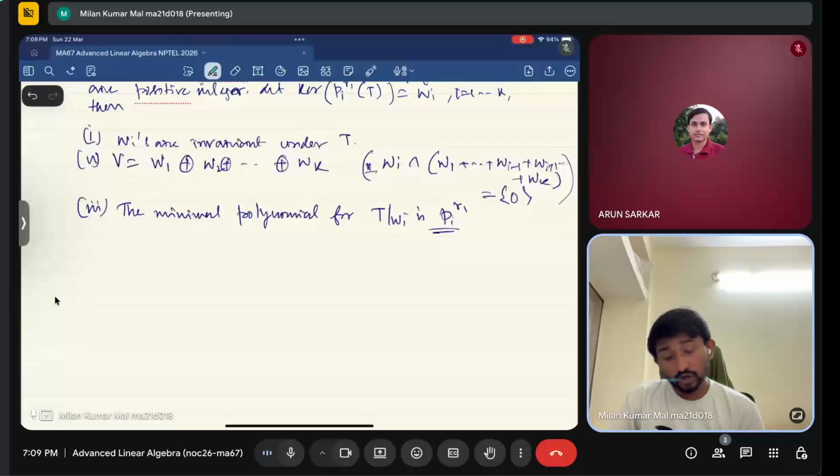Whenever you have the invariant subspace Wi, consider the matrix representation of T with respect to an ordered basis.